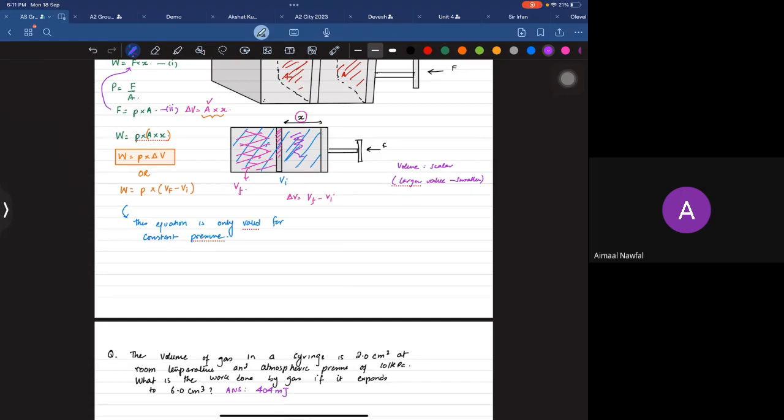That's what you're working against. So pressure is constant, that is 101 kilopascals. All you need to do is convert the volume value to SI units. That is all you need to do.